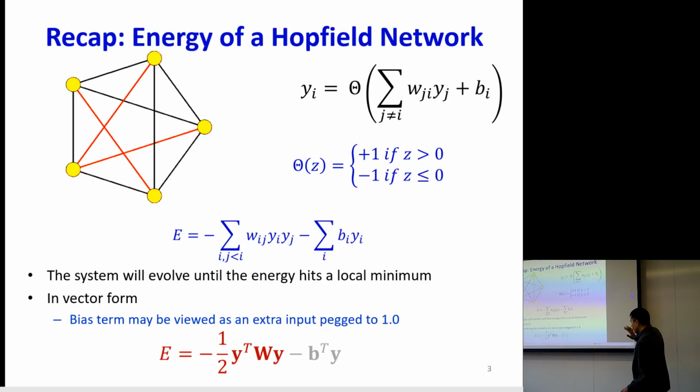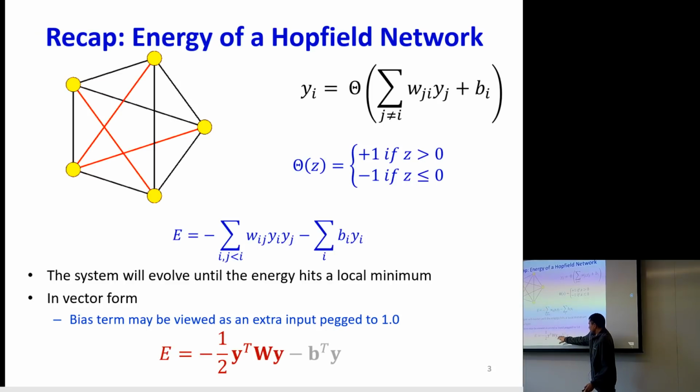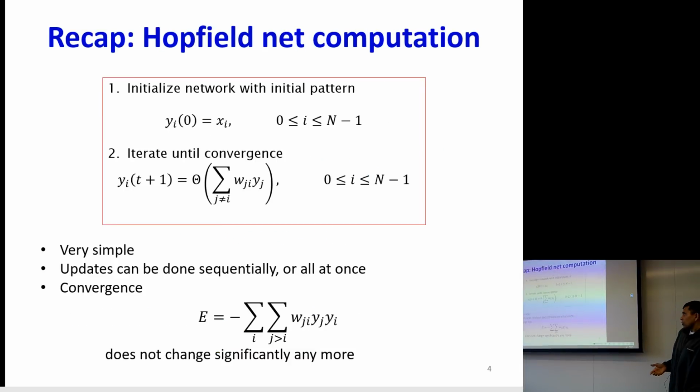But anyway, so given this, here's how the whole thing evolves. You have an energy term here. The system is going to keep evolving until the energy comes to a local minimum. So here's how the network would evolve. You'd initialize the network with some initial parameters, and then you'd go through all of the neurons, check the local field at each neuron, and align the neuron to the sign of the field.